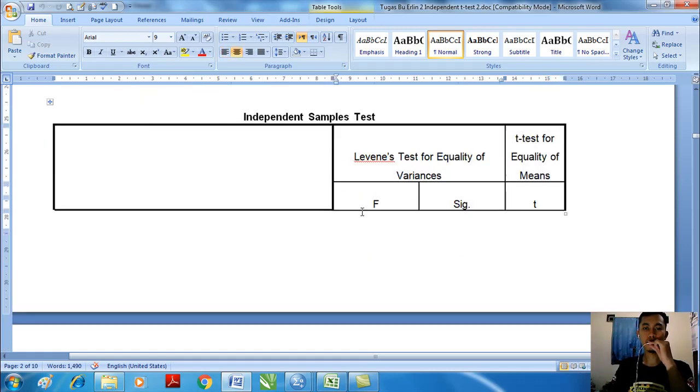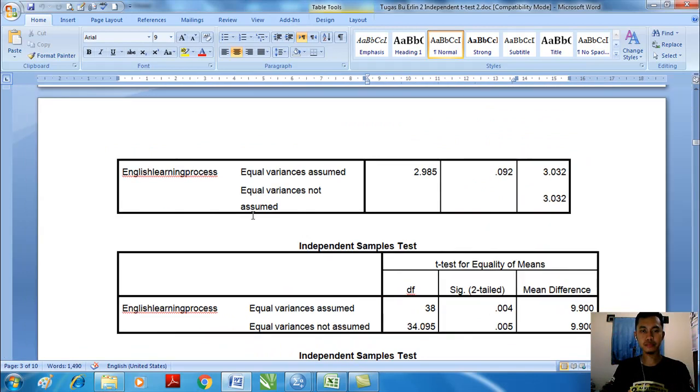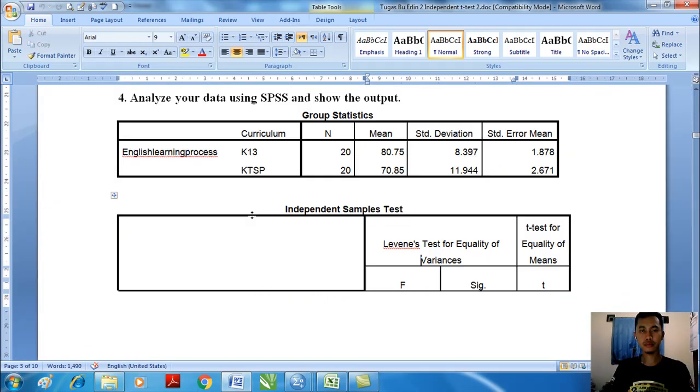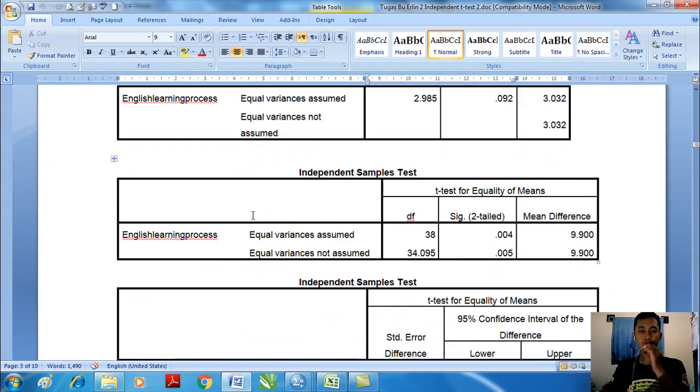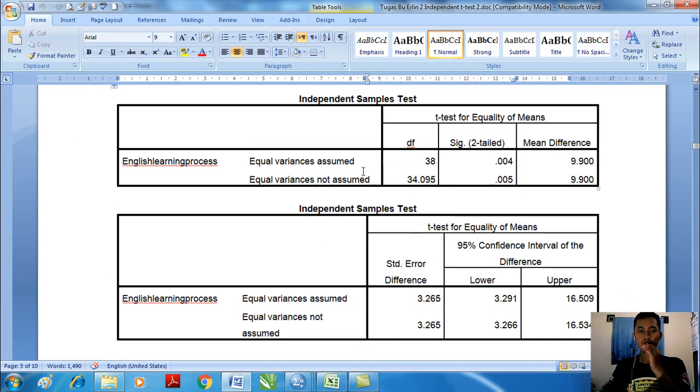Next, this one independent samples test. Levene's test for equality of variance. This is later to test homogeneity. Later I will explain. Okay, this data is already done, right? Then the t-test, degrees of freedom, and significance.